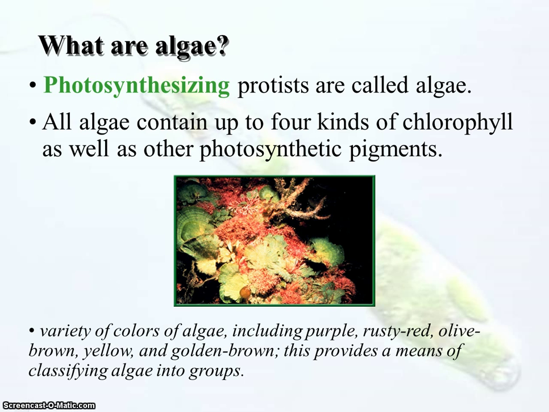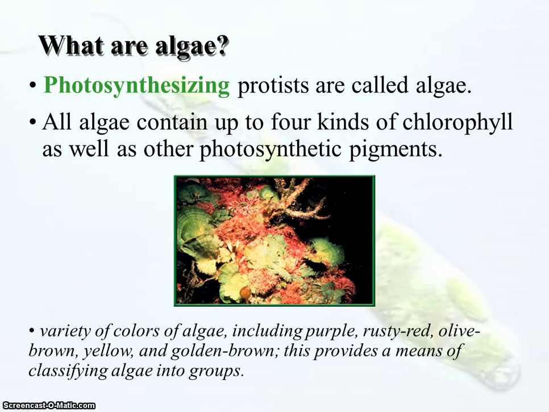They can have up to 4 kinds of chlorophyll present within their chloroplasts. Remember, chlorophyll is that green photosynthetic pigment that can absorb different radiation wavelengths. The different chlorophyll, depending on the algae, is what's going to give you the different colors of algae that we can see.